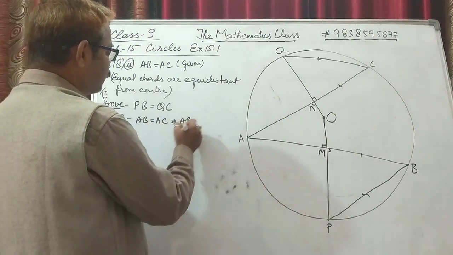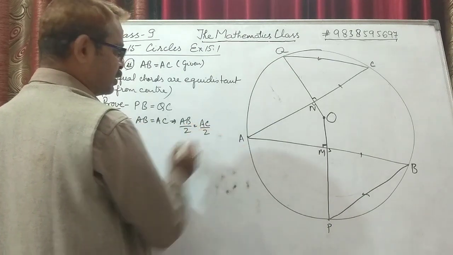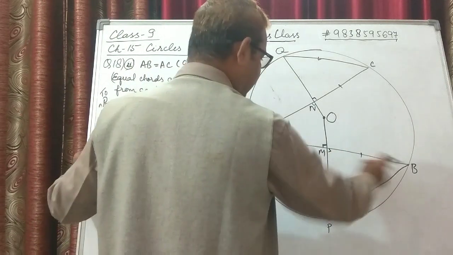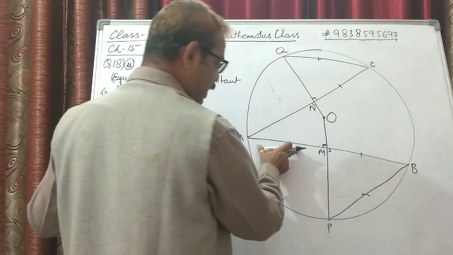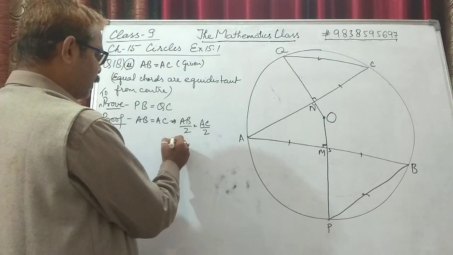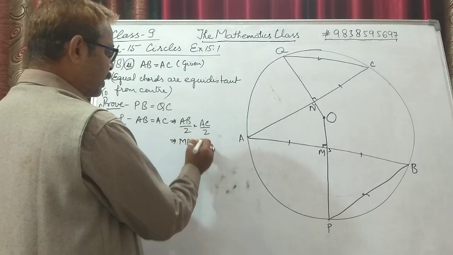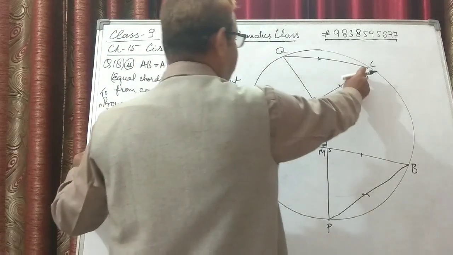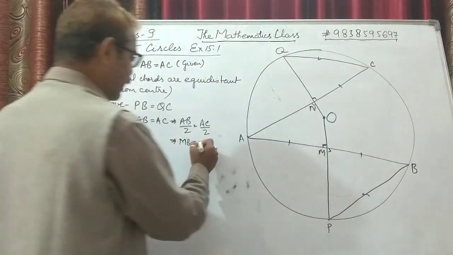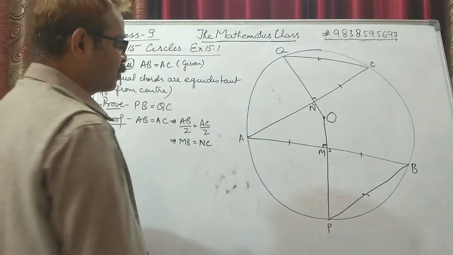It means half of AB will be equal to half of AC. And half of AB is AM as well as MB. So in place of half of AB, I will be writing MB, and in place of half of AC, I will be writing NC. These two things are equal.